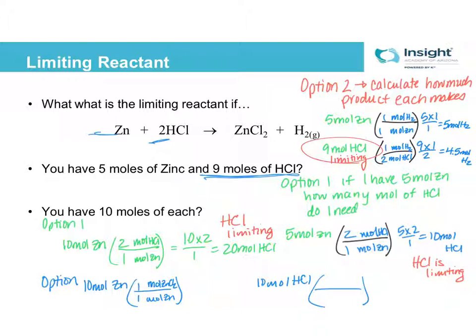Coefficients there are both 1s, so that's going to be 10 moles ZnCl2. Then my 10 moles of HCl, moles of HCl on the bottom, moles of ZnCl2 on the top. That's a 2 and a 1. That's only going to make 5 moles of ZnCl2. So the smaller number is the only one that's actually possible. So again, HCl is limiting.